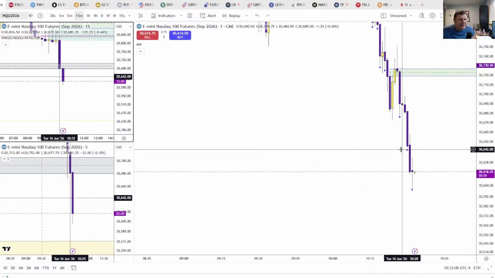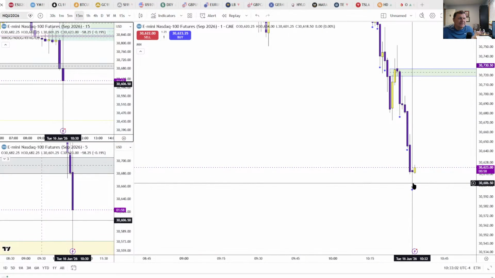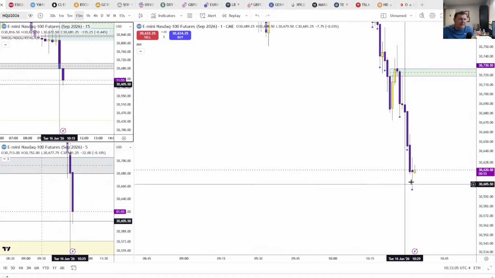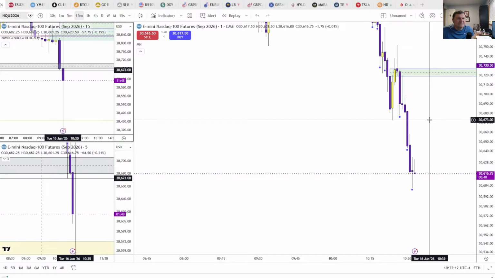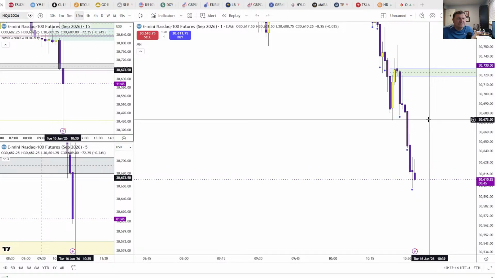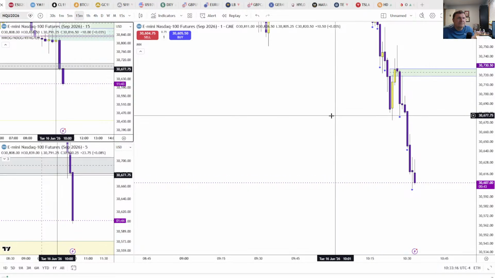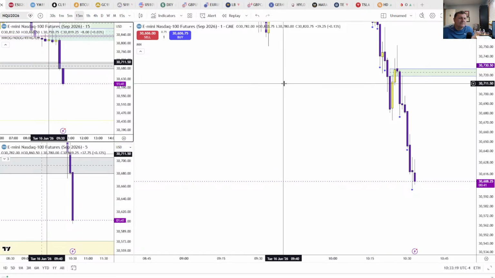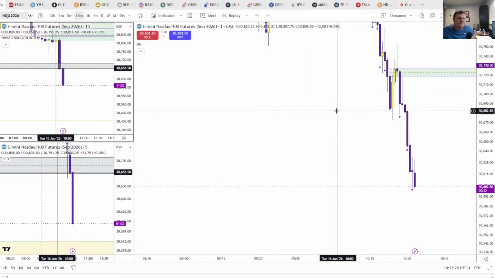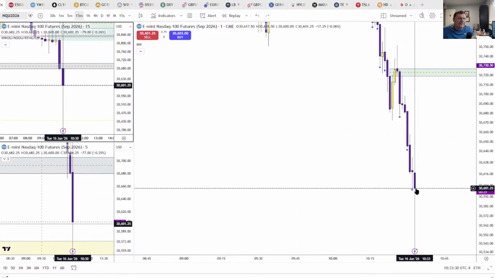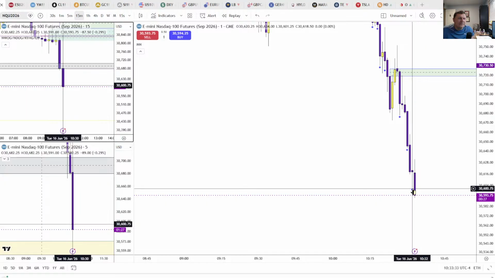What kind of reaction we get out of here? It's the 1030 low, so crazy Ivan. I would like to see a pullback to 673. Oh, that's the 32.